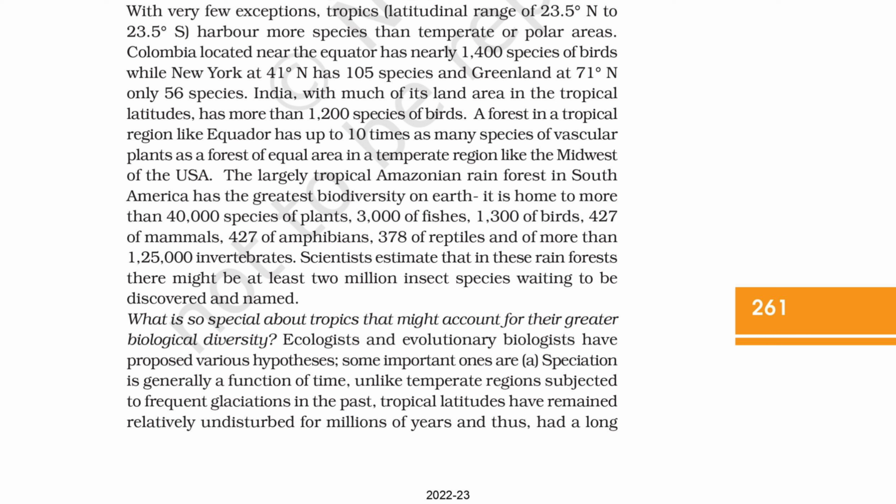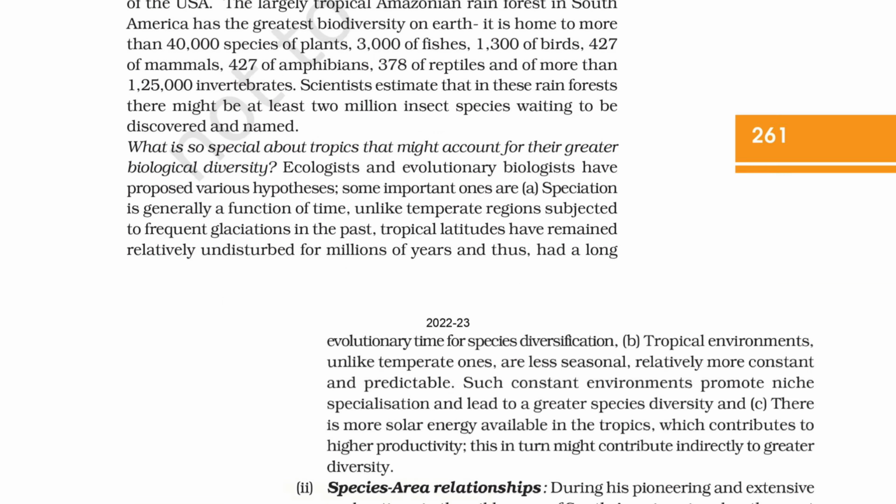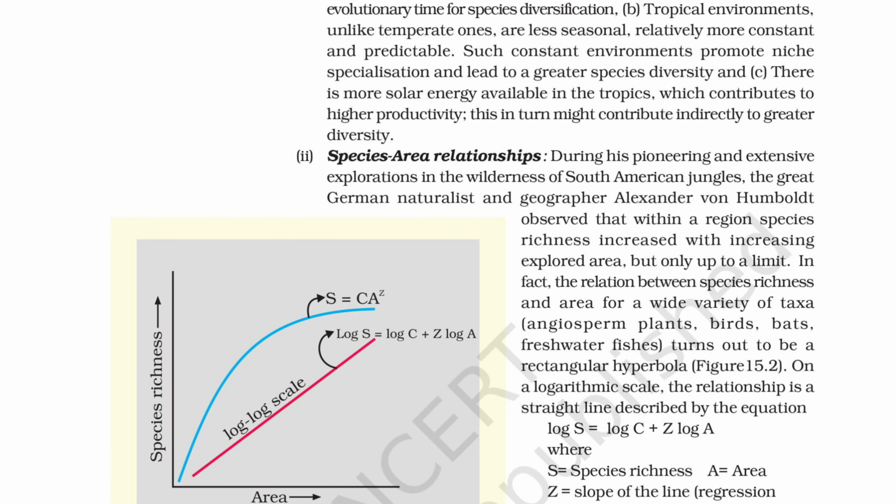Ecologists and evolutionary biologists have proposed various hypotheses. Some important ones are: speciation is generally a function of time, unlike temperate regions subjected to frequent glaciations in the past. Tropical latitudes have remained relatively undisturbed for millions of years and thus had a long evolutionary time for species diversification.